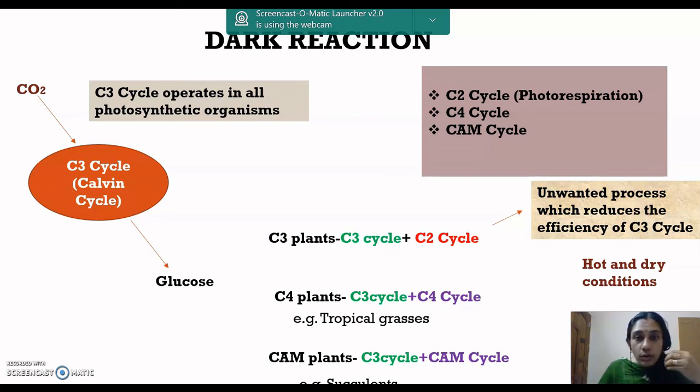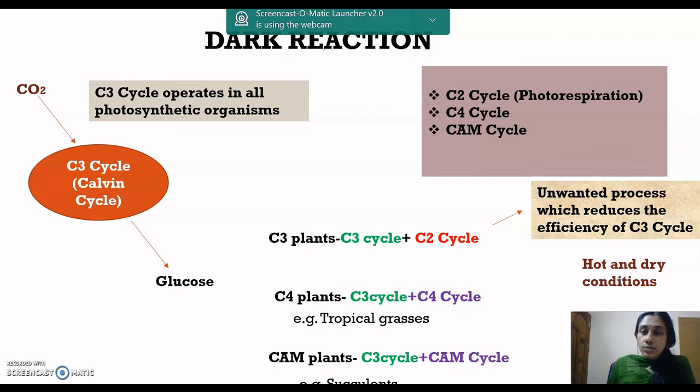So I hope all of you understood the basic difference between these cycles and the purpose of these cycles. That is very important. So you have to clearly understand what is the purpose of C3 cycle. C3 cycle is the fundamental cycle through which carbon dioxide is converted to glucose. It is operating in all photosynthetic organisms. All other cycles are operating in some particular situations or in some particular plant groups.